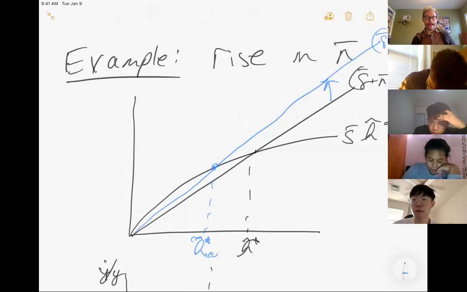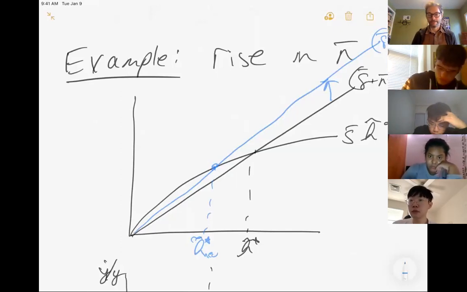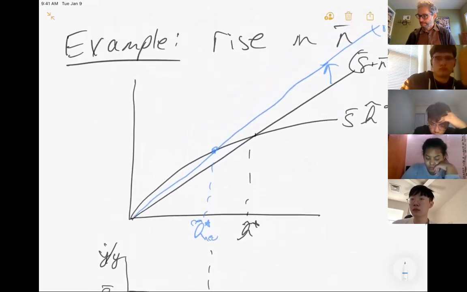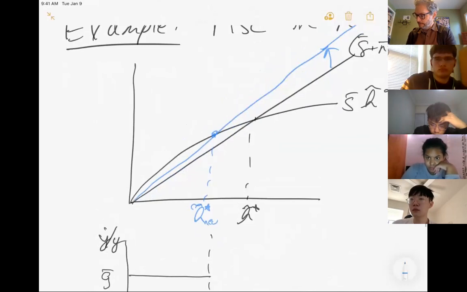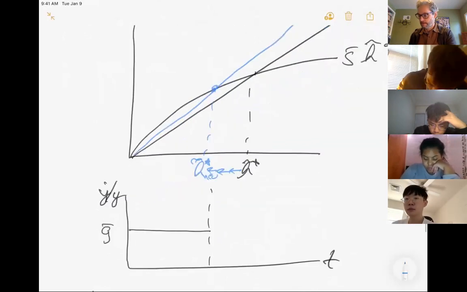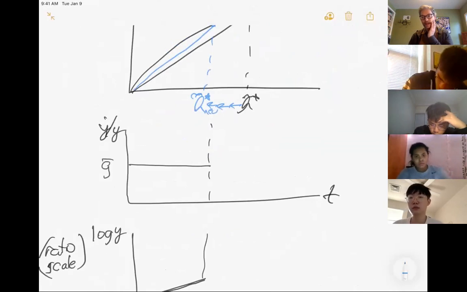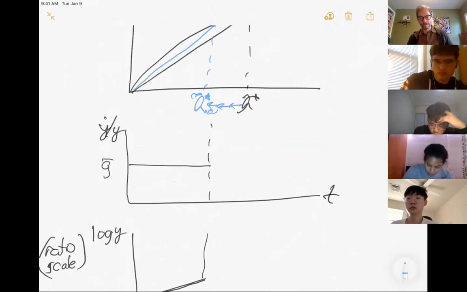What does it mean to have a lower balanced growth path? Well, let's think about this. Remember that we're not going to just jump to this new balanced growth path. We're going to transition here over time. So what essentially happens as we transition to a lower level of output in the long run?